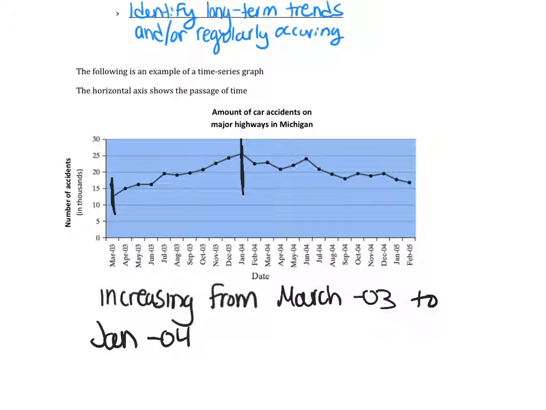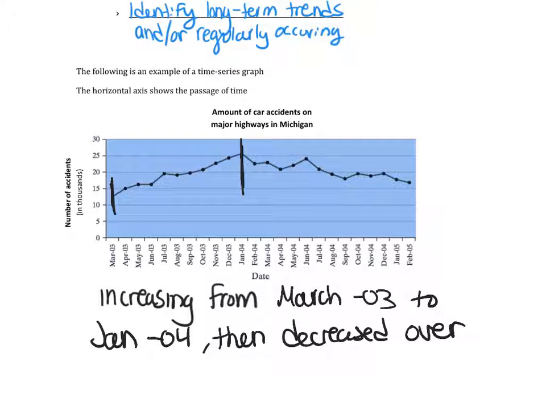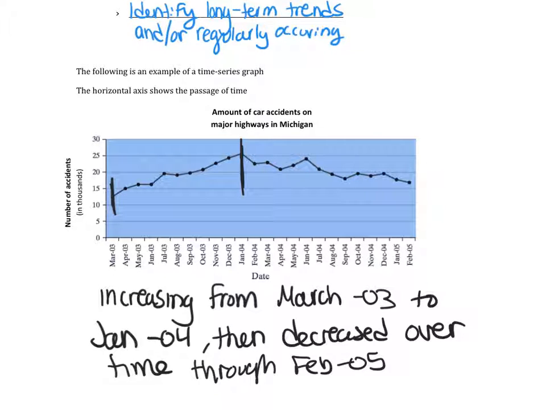And then it slowly started decreasing over time. There was a little bit of an increase here in the middle, but overall, for the rest of your data, it was decreasing. Then decrease over time through February 05. Okay, so just commenting on literally what's happening in your graph.